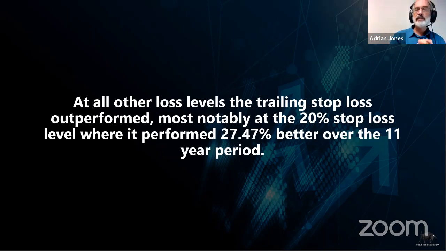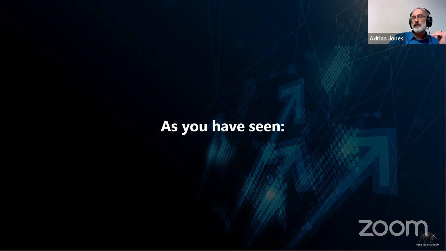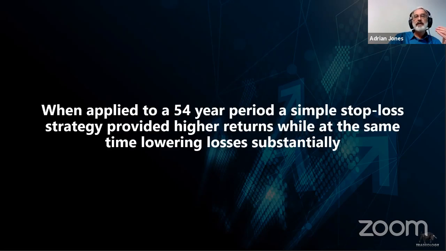This particular stop loss at 20% tended to perform 27% better than any other stop loss over the very long term. So as you can see, when applied over a long period, over a 54-year period, a simple stop loss strategy provides higher returns while at the same time lowering losses substantially. So these are various analyses that were done over half a century, and they do tell you that sometimes the simple stop loss strategy provides higher returns.